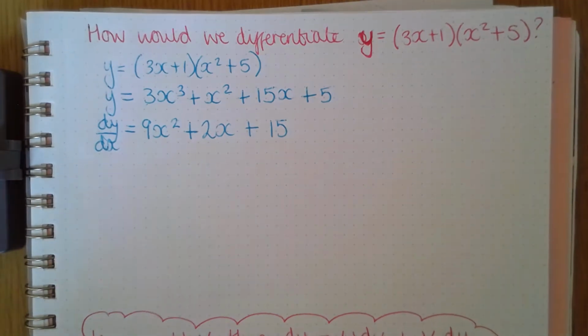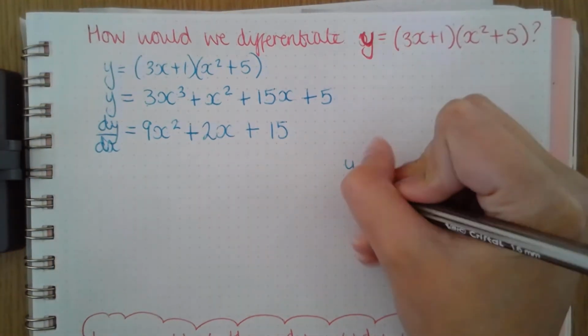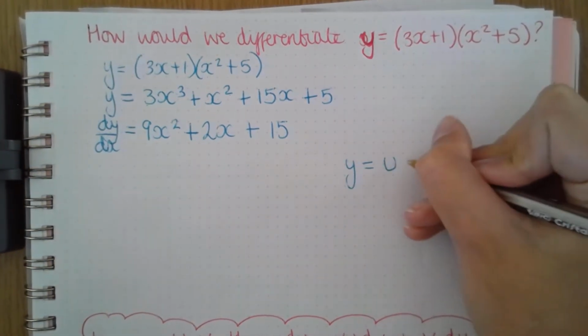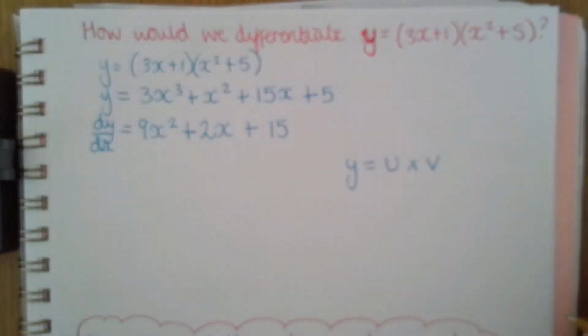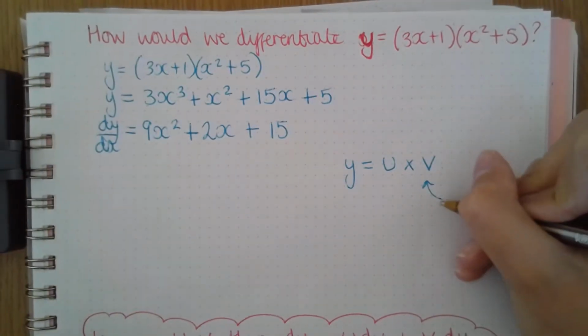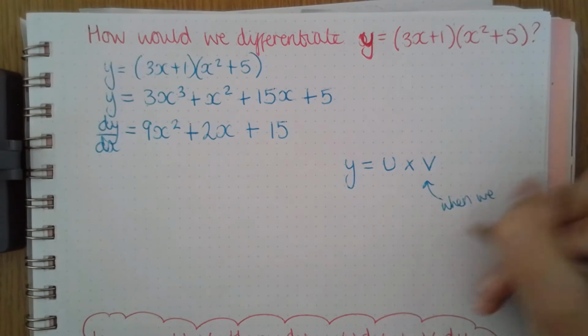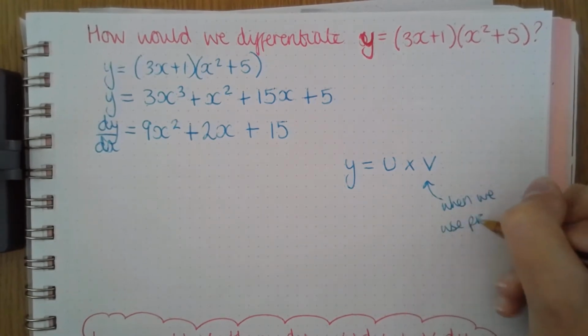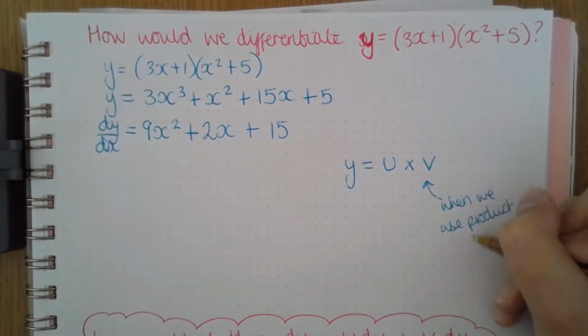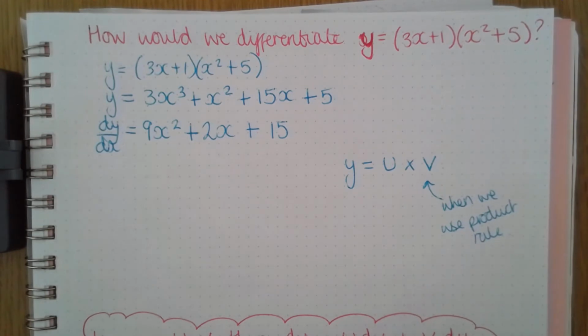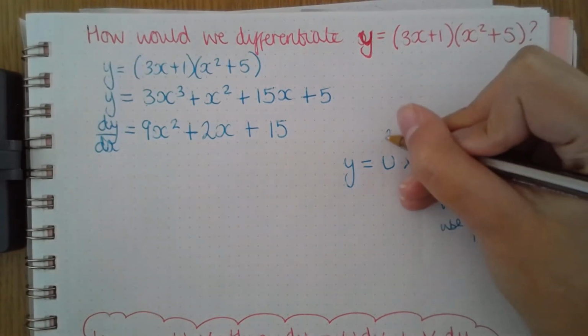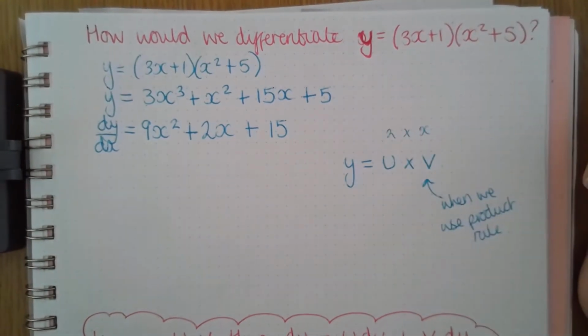So the product rule we can only use when we've got something that looks like y equals u times v. So that's when we use the product rule. You don't need to use it for when you've got something like 2 times x.